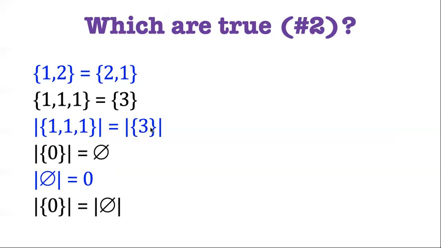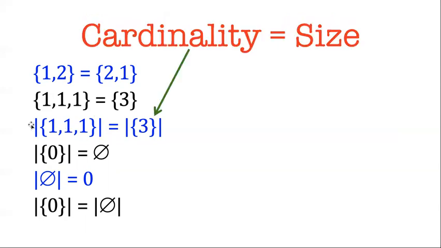So that's why the blue one is actually true, because once you add these vertical bars, now we're not talking about the set itself, we're talking about the size of the set. And two sets can have the same size, even if they're not identical sets, which is what the contrast between these two things illustrates.